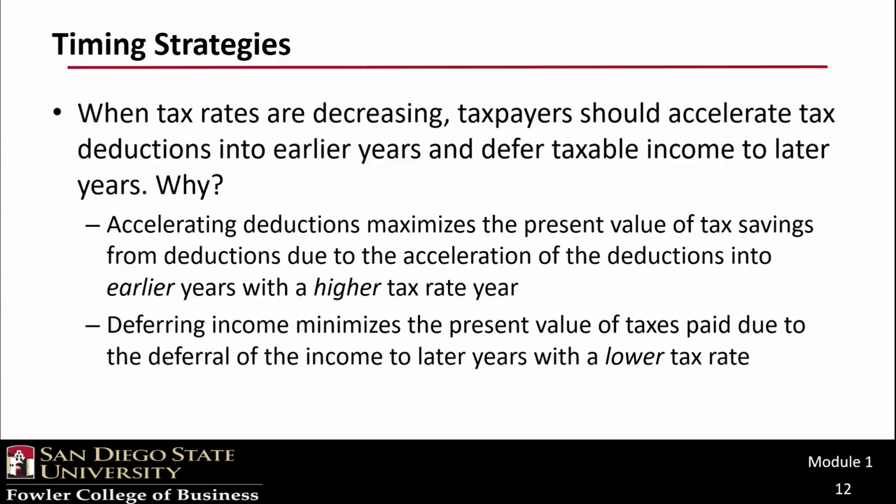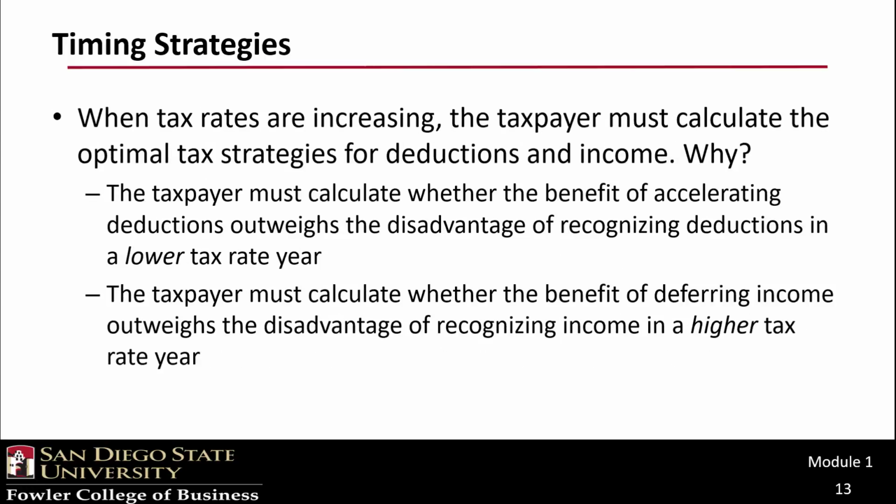Accelerating deductions maximizes the present value of tax savings. And that's done in the earlier years with the higher tax rate. Deferring income minimizes the present value of taxes that have to be paid, due to the deferral of income to later years with a lower tax rate. So when tax rates are decreasing, our general rule of accelerate deductions and defer income applies perfectly well.